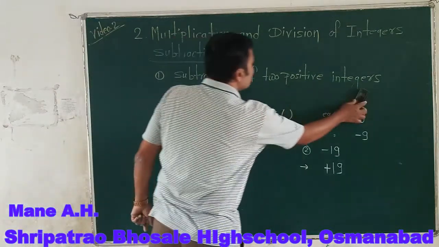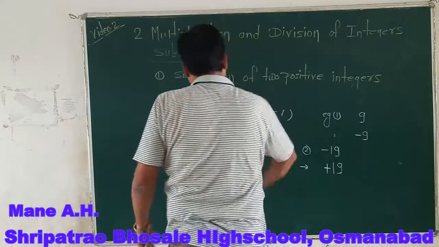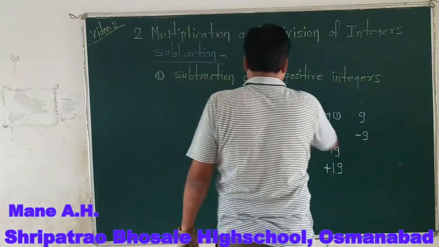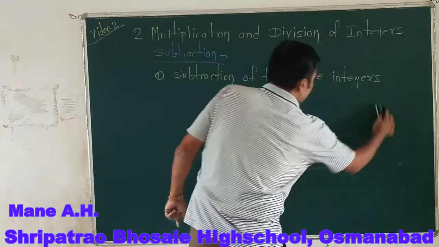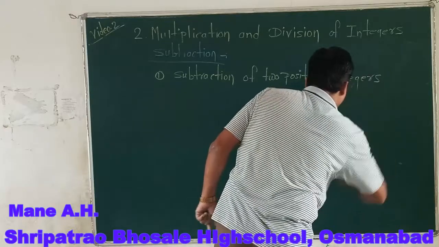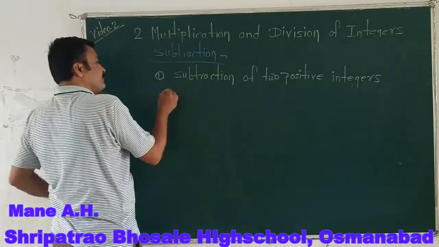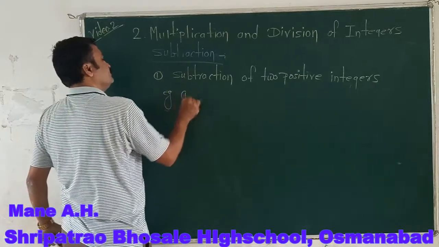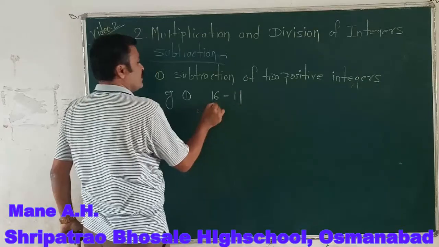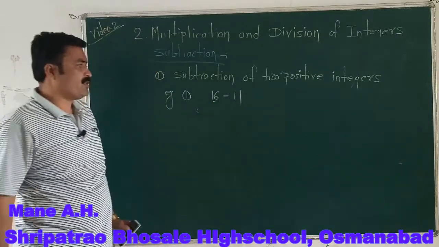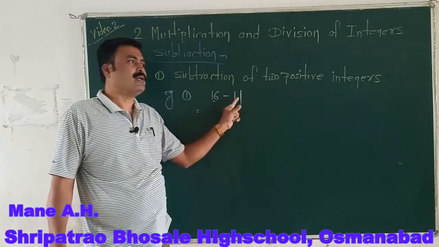Now we move towards our main operation, that is subtraction. So in the first condition we want to take the subtraction of two positive integers. Now for this condition I want to take the example in this way. 16 minus 11. 16 is a positive integer and 11 is also a positive integer.